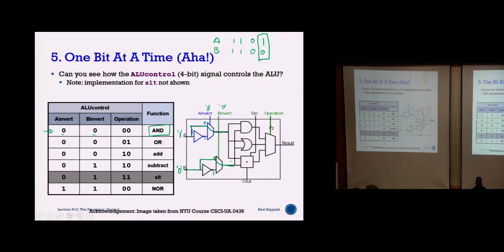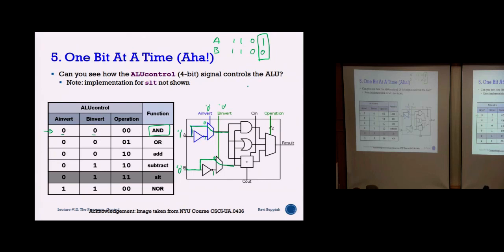So the first A invert and B invert is to say which one goes through to the next stage. If A invert is 0 and B invert is 0, then A and B directly go through. I don't invert it, correct? It directly goes through to the next stage.